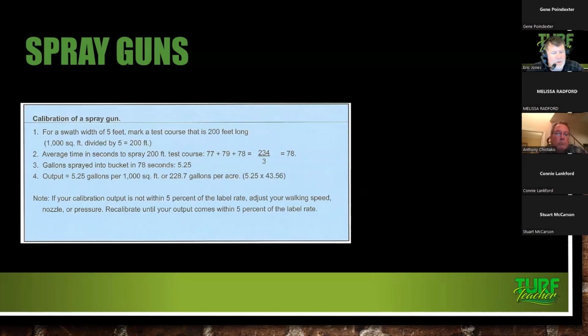The gallons sprayed into a bucket in 78 seconds was 5.25. The output is 5.25 gallons per 1,000 square feet or 228.7 gallons per acre. The 5.25 times our 43.56. And note, if your calibration output is not within 5% of the label rate, adjust your walking speed, the nozzle, or the pressure and recalibrate until it's within the 5%.